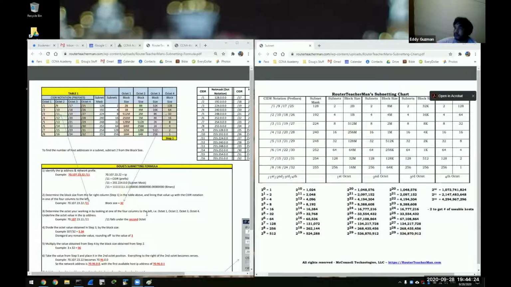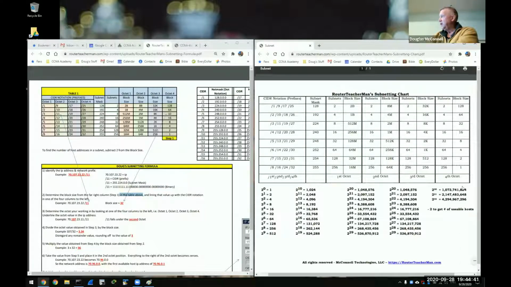Right here, the fourth octet, in the table above. Which is the far right column? It would be the one that says fourth octet. This one right here, right? Didn't I also say that was the most important column on my chart? Remember? So if you forget, and trust me, this will trip you up.